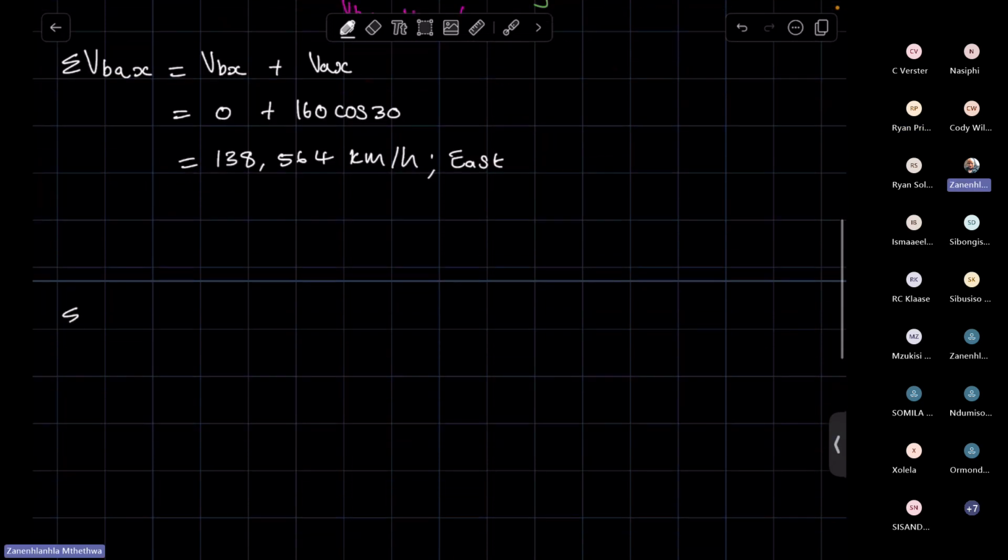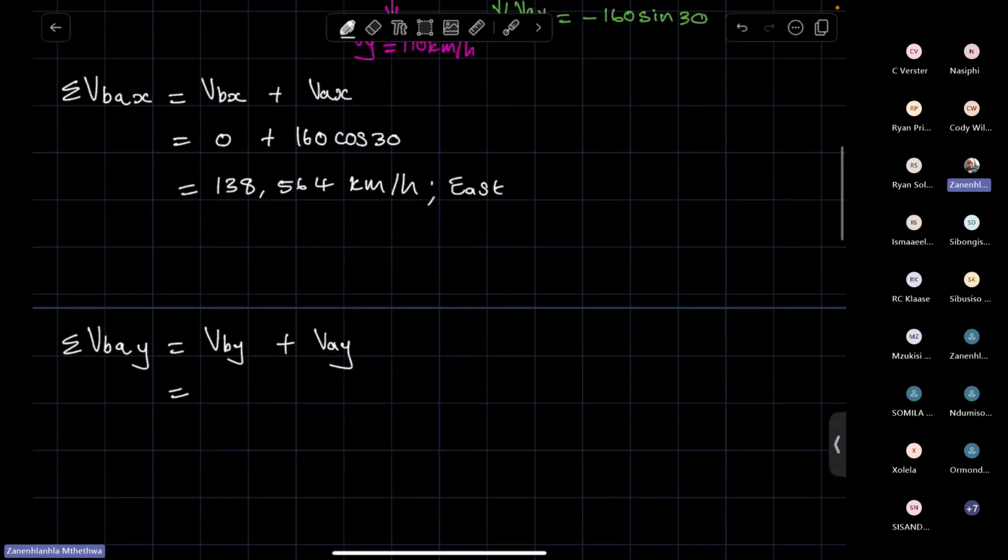So now we again apply conditions of equilibrium, but for the y direction. The sum of V, where B is the object and A is the frame of reference, in the y direction is equal to VBy plus VAy. So now you just substitute.